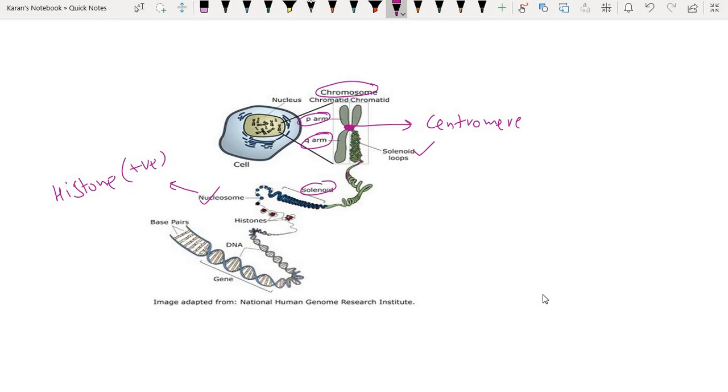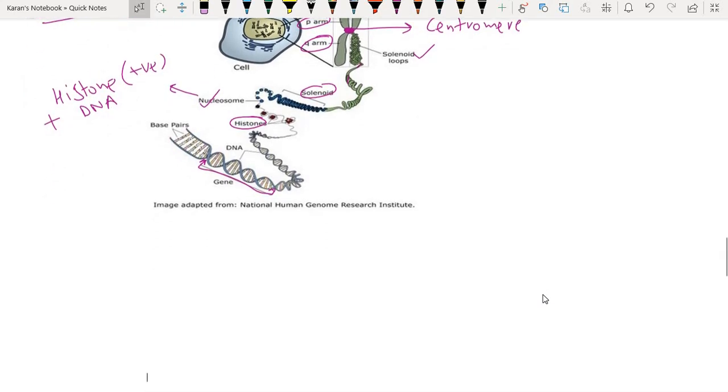Histone is positively charged, plus DNA is negatively charged, so it is wrapped over it. So it forms the structure nucleosome, which looks like beads on string structure. So this is the structure of the nucleosome, and you can see the histone proteins over here, and DNA is being shown here, and you can see the unit gene, which is actually the unit of inheritance.